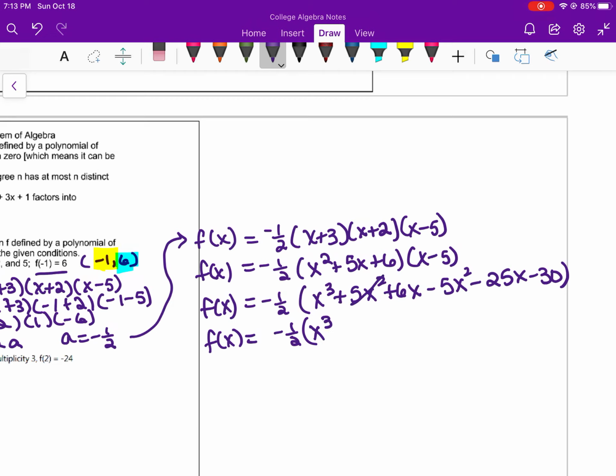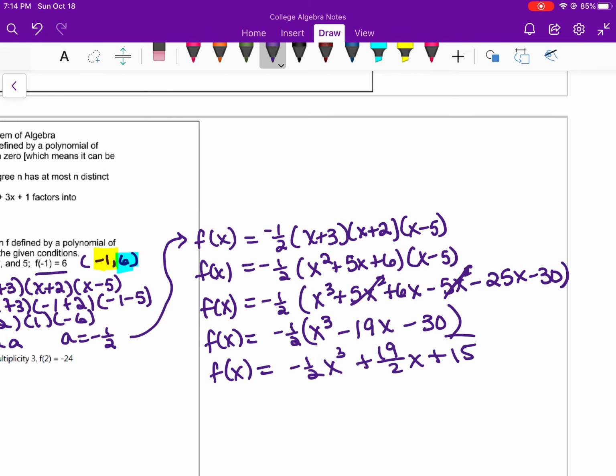Okay, so these have added to 0, minus 19x minus 30. And there's our polynomial.